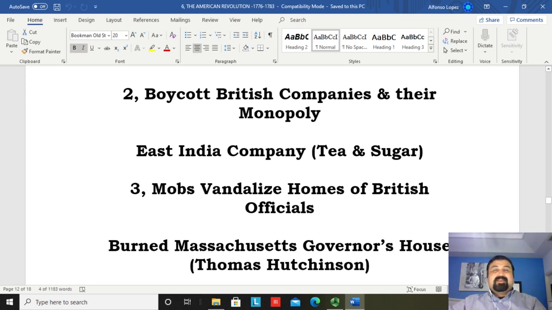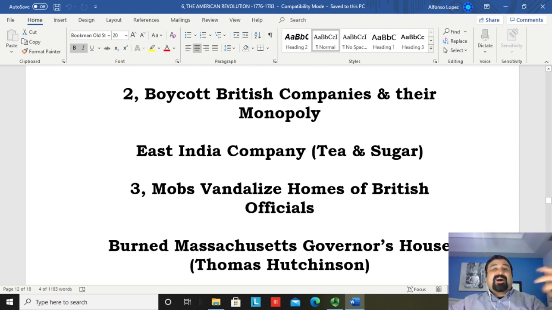Instead, smuggle. Imagine. They were suggesting that if you were a patriot, you should smuggle and not buy anything from the British. Smuggle sugar, smuggle tea. In other words, buy it from a French or Dutch or Portuguese company, but don't buy it from the British. Be a patriot.